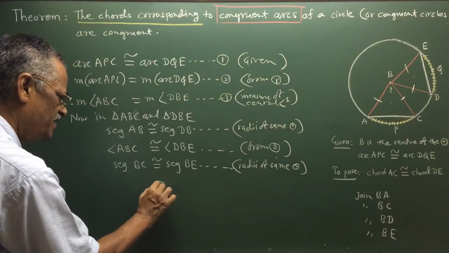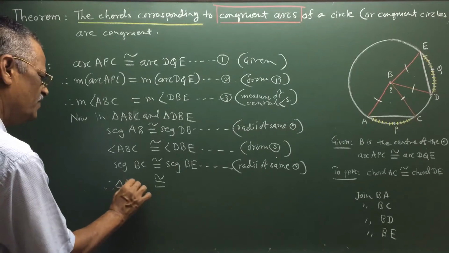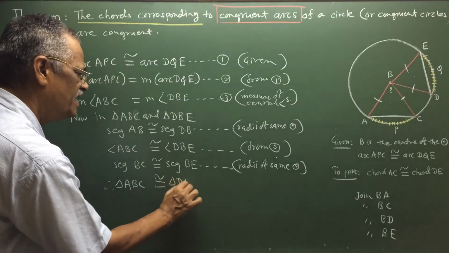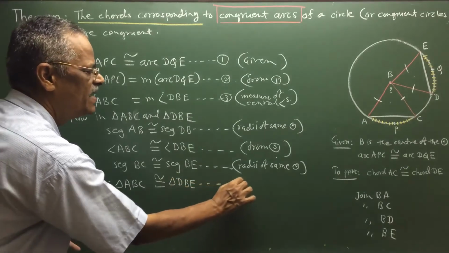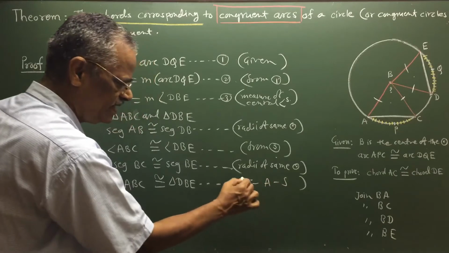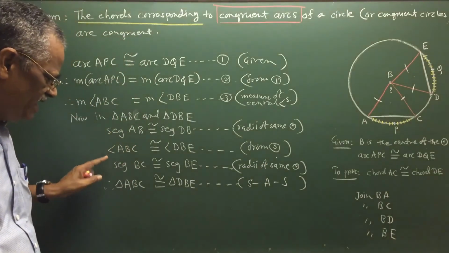So definitely the two triangles, triangle ABC and triangle DBE, are congruent by which theorem? By the SAS test: side, angle, side.